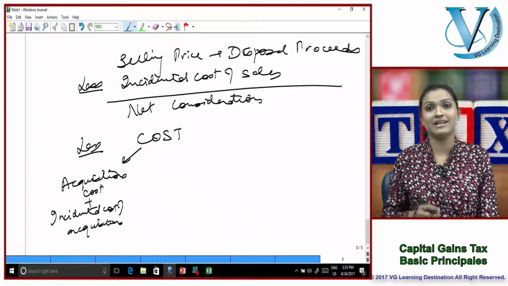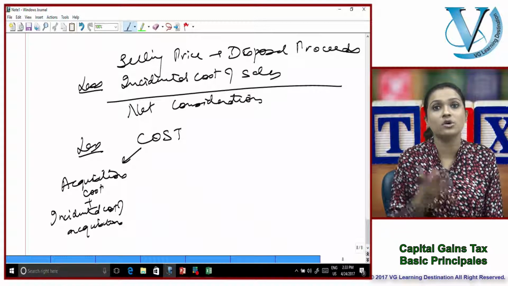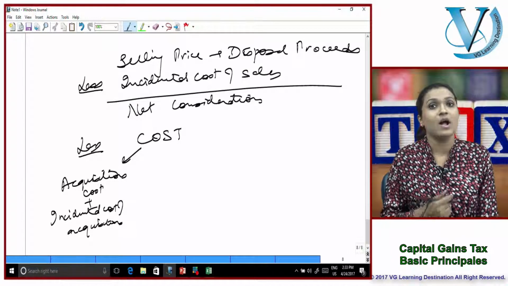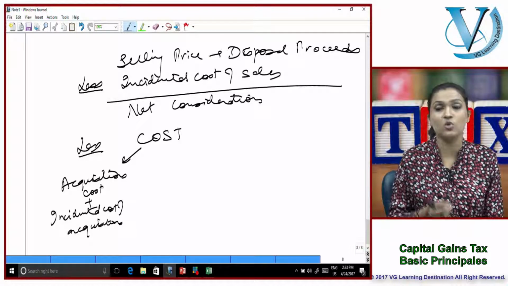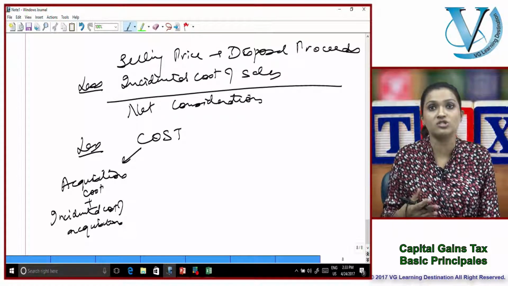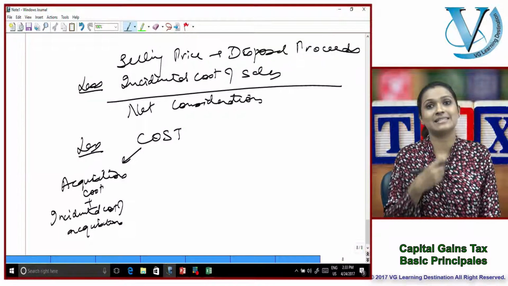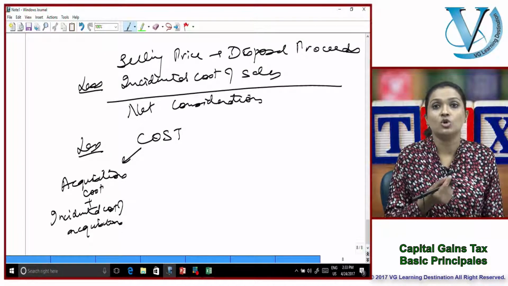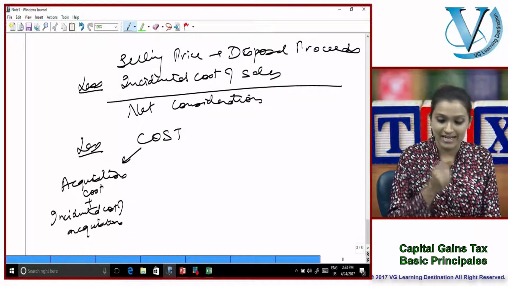So definitely you're going to look at what cost did you actually acquire it at. Also, if at the time of acquiring you had to incur any incidental cost of purchase, that gets added, that gets capitalized to the cost of the asset itself.